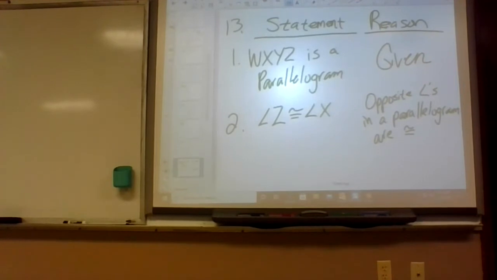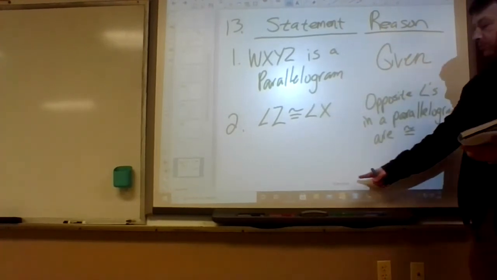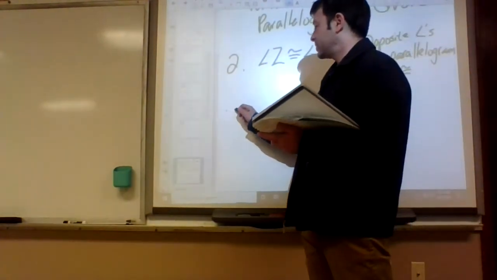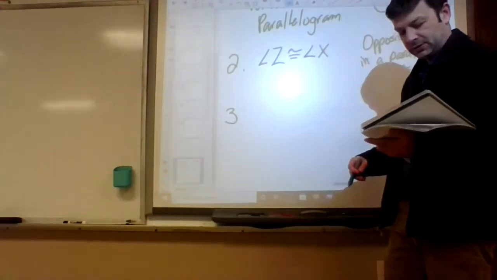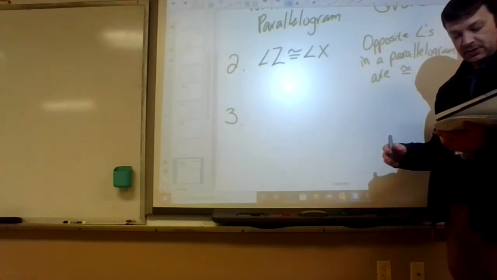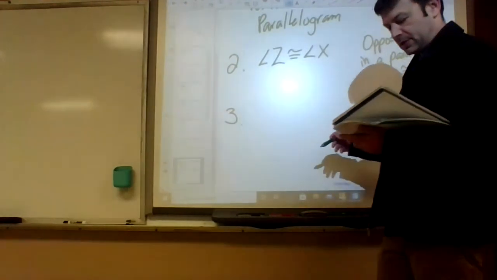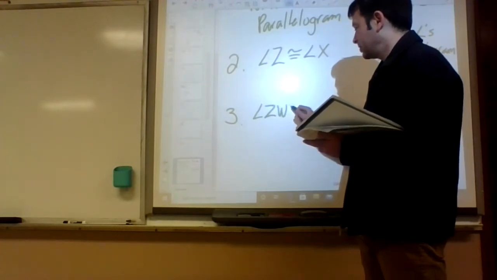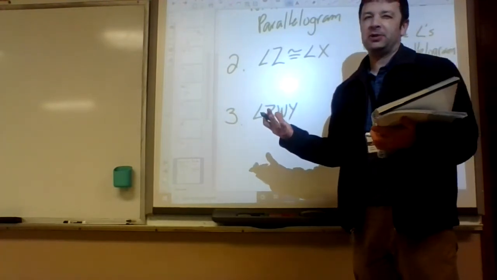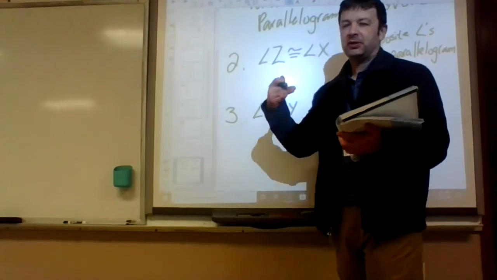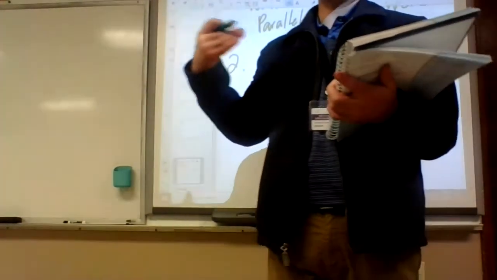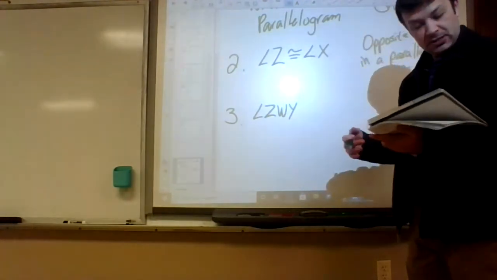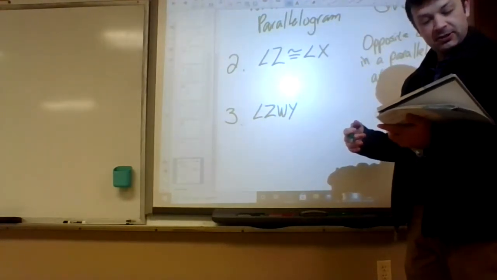Now in my picture I call them angles 1 and 3, but what would be another pair of angles that is congruent in my picture? ZWY and XYZ. Right, okay, that'll work. Angle ZWY. The book probably stopped and said that the lines are parallel first because of the definition of parallelogram, so I'm kind of skipping that step. Did they do that actually?